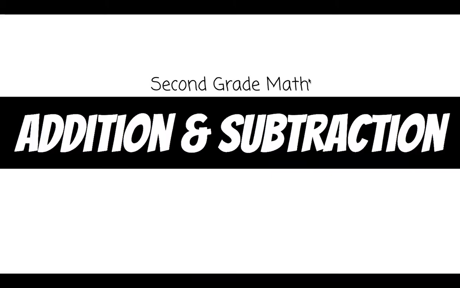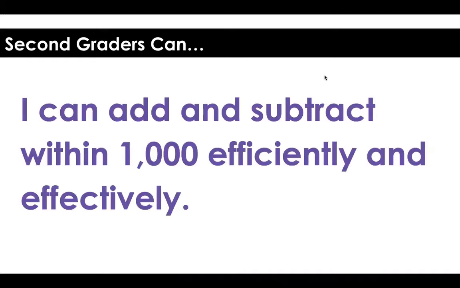Hi, second graders. Today we are going to be learning and reviewing some addition and subtraction for second grade math. So today I want you to be able to say, I can add and subtract within 1,000 efficiently and effectively. Now, what does efficiently and effectively mean?